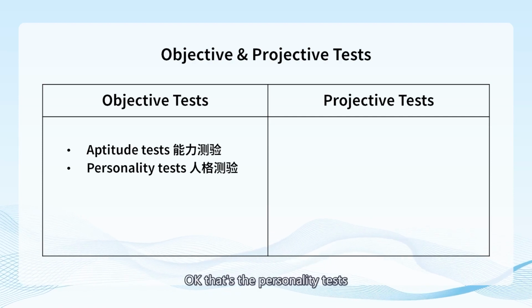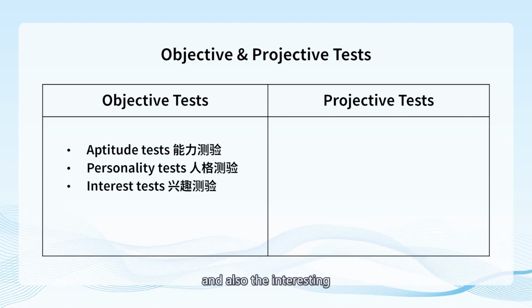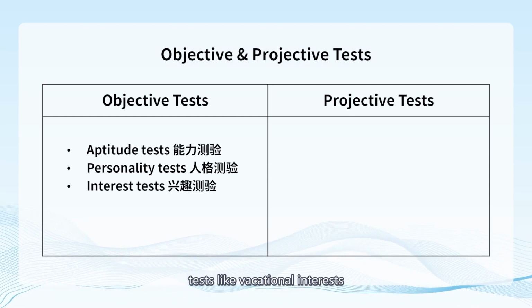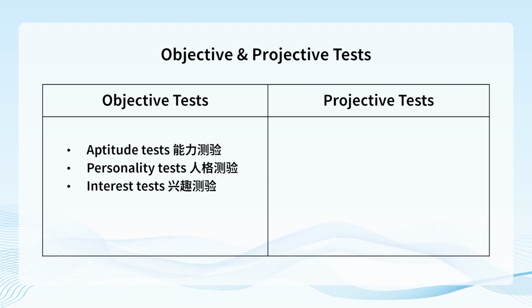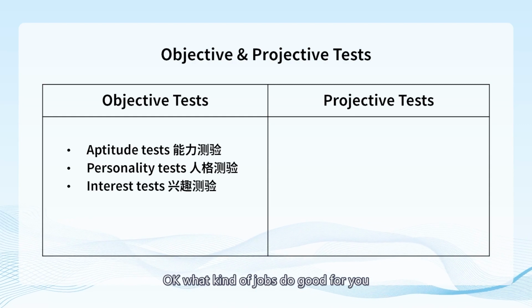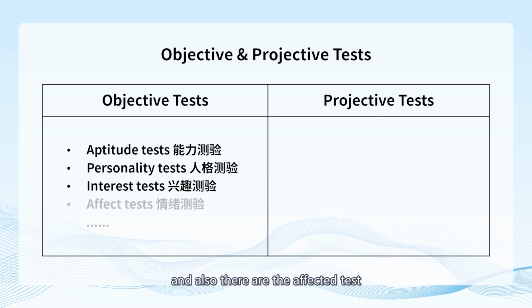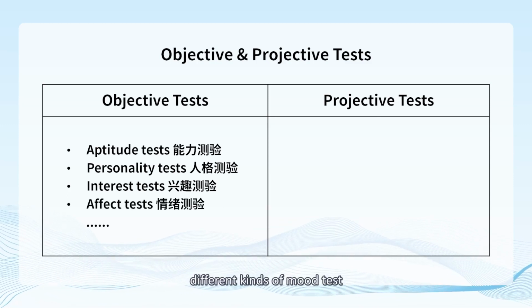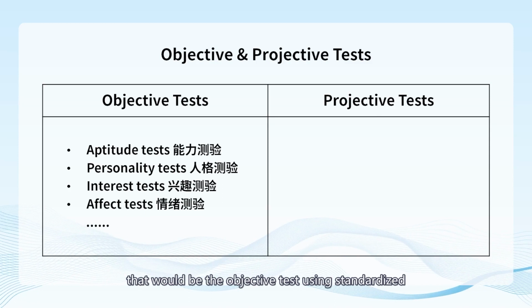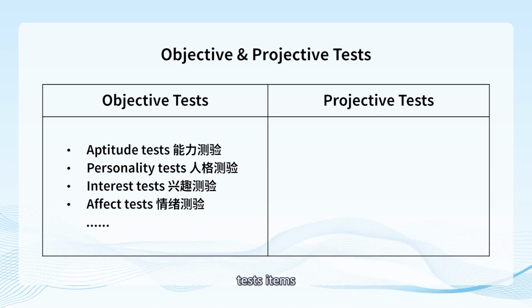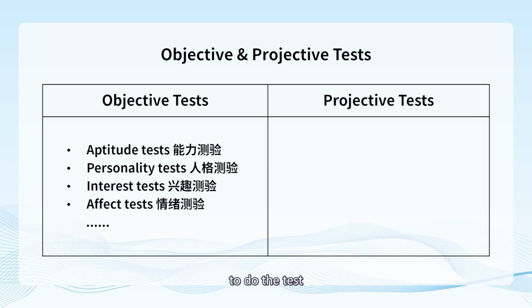And also interesting tests like vocational interests: what kinds of jobs would be good for you, for your career or vocational decision making. And there are also affective tests, different kinds of mood tests. Those would be the objective tests using standardized test items.